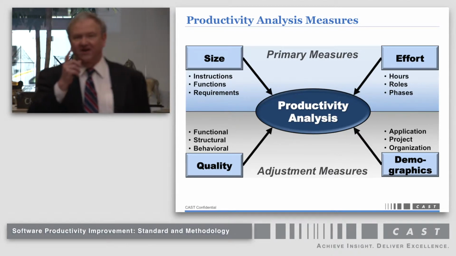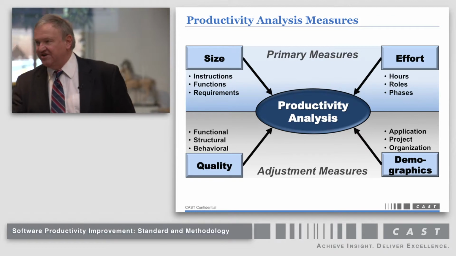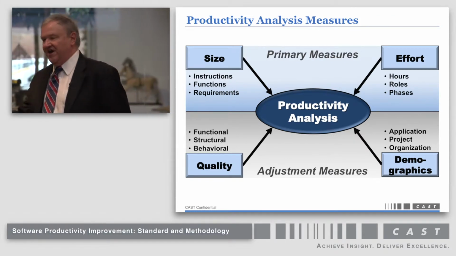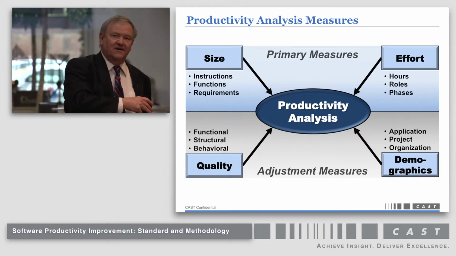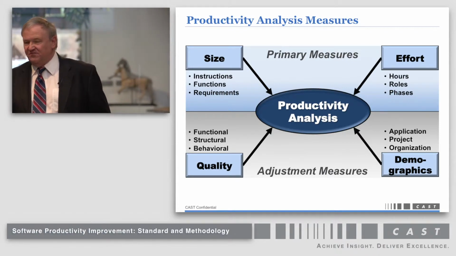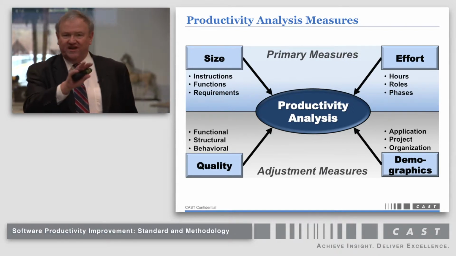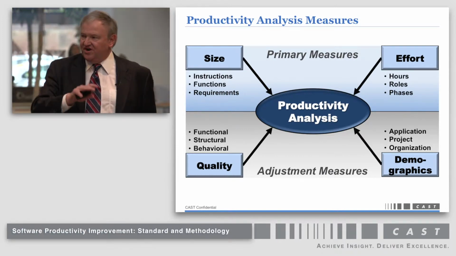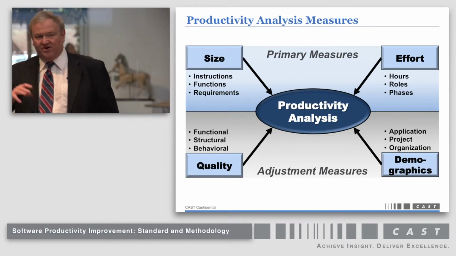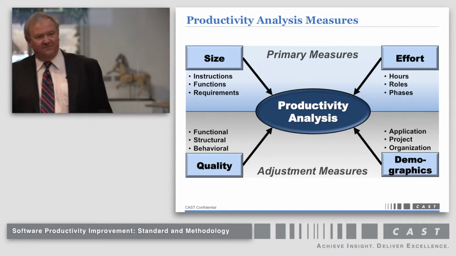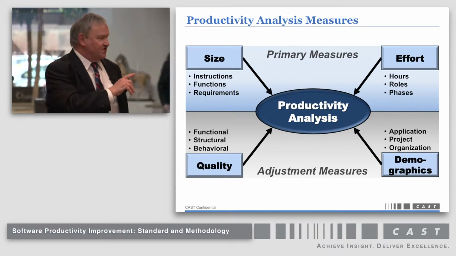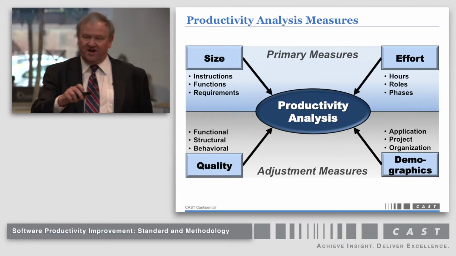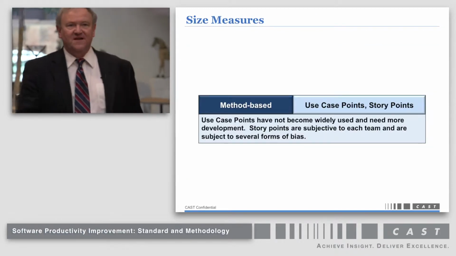We need things like what kind of application it is, what environment we're in, what kind of technology we're using, what kind of customer we're serving. We need these in order to understand our productivity under different kinds of circumstances, because productivity can vary wildly, not based on the team so much as based on the situation the team is working in, and the technology they're using.